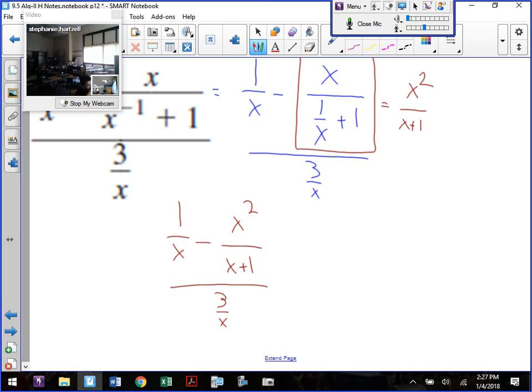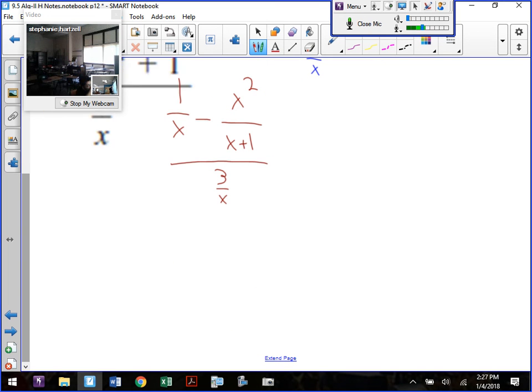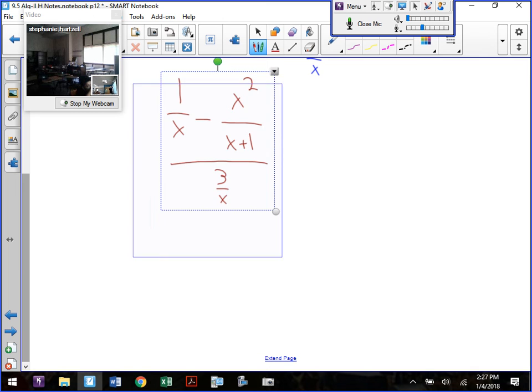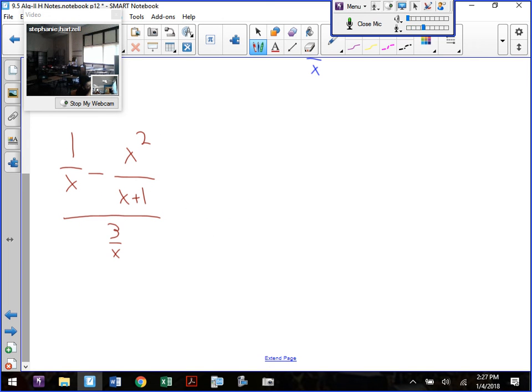Because now it isn't so bad. What's the common denominator going to be between an x and an x plus 1? X times the x plus 1. Remember, you treat that as a term because you can't split it apart because of the addition. Never split anything apart over addition.